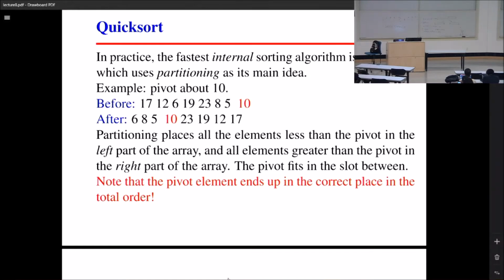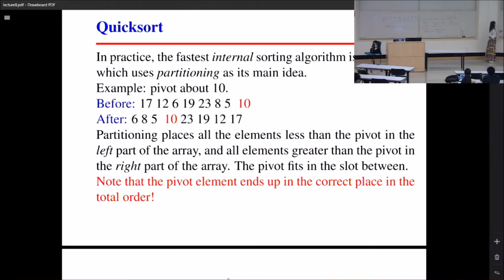Here we have 8 numbers: 17, 12, 6, 19, 23, 8, 5, and 10. Let's say we simply choose the rightmost element as the pivot point, which is 10 here. So what is a pivot point?